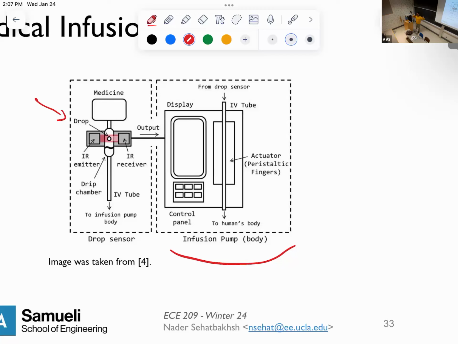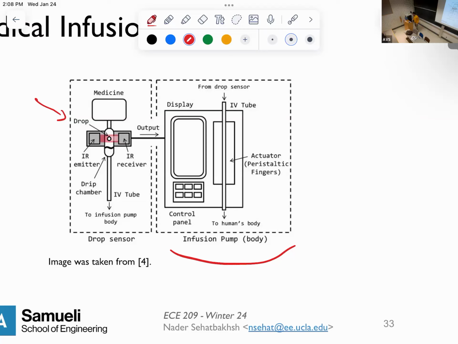One of them constantly emits a particular signal, and then a drop will temporarily block this emission. The timing of this blocking basically tells the system how long each drop is, how big each drop is, and how frequent, what the rate of these drops is, right?